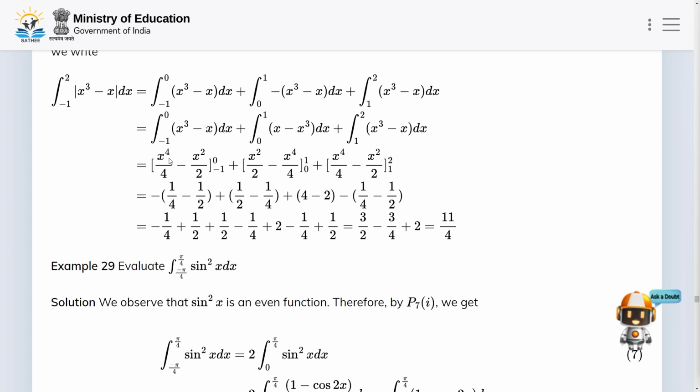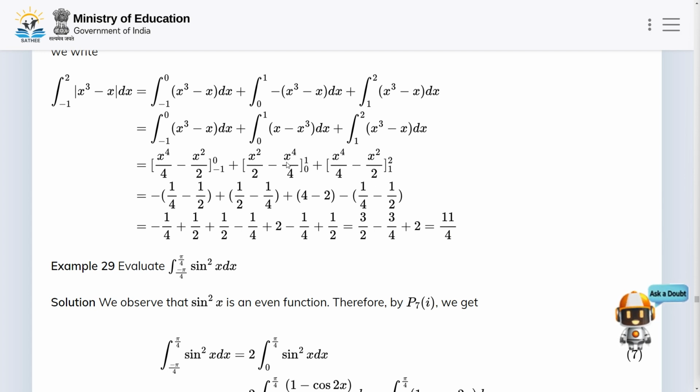Applying 0, this whole term is 0. Now minus of applying minus 1, you will get this term. Applying 1 you will get this, applying 0 you will vanish this term. Apply 2 you will get this, apply 1 you will get this. So after simplifying you will have 11 by 4 as your final answer.